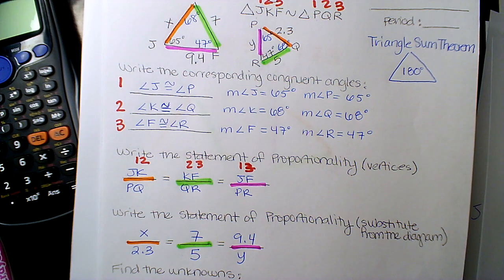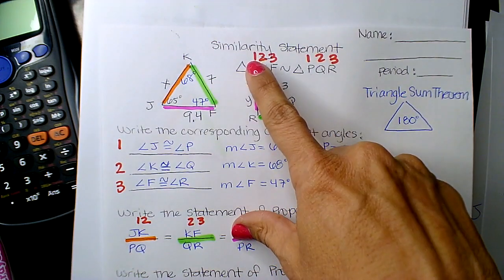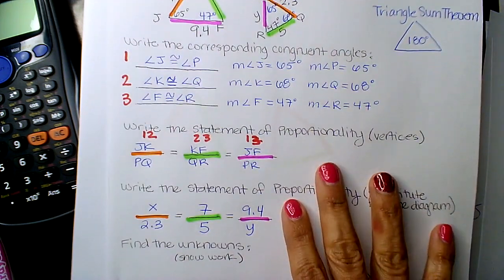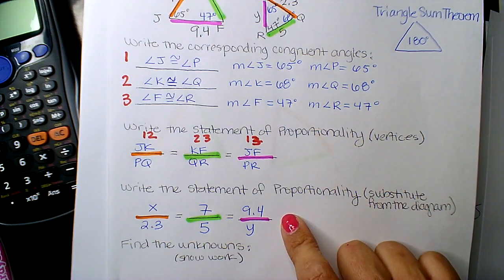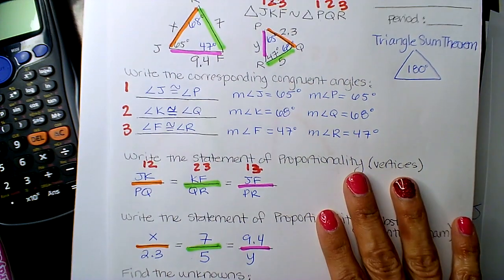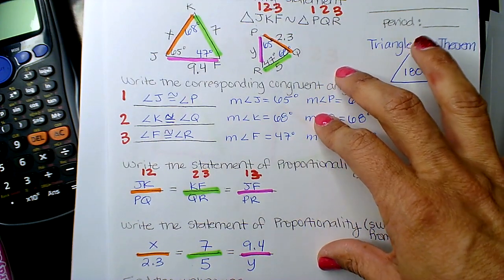Okay, so look, this is a statement of proportionality. It's all coming from this 1, 2, 3, 1, 2, 3. This is how you put it together. And then you pull from the triangle and you substitute. It's super extra. It's really theoretical. It's very proper.